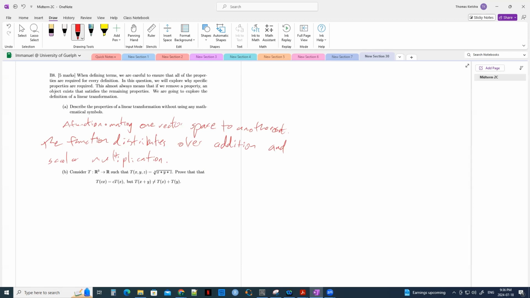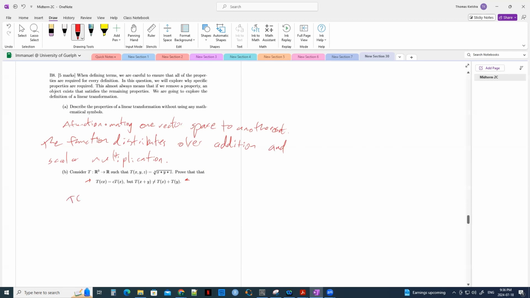So now what we're going to do is show that there's a function that has one of those properties, but not the other. And what this is showing is that both of these conditions are needed. We can't just have one, we have to have both.